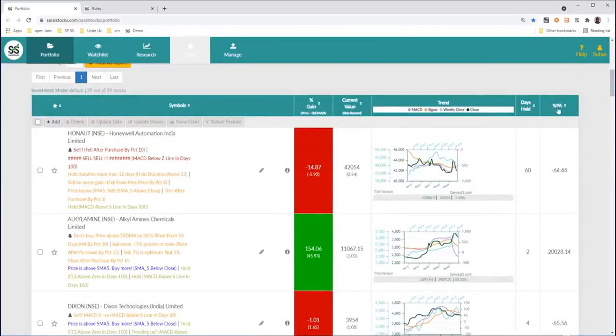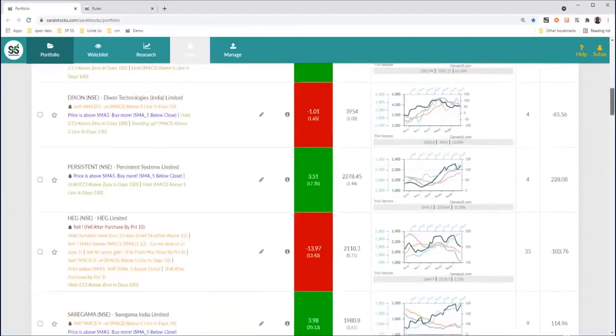Now let's look at the percentage annual growth, or CAGR. If the trend were to continue for an entire year, this is how your stock would look like. For example, this stock will lose about 64% of the money at the current rate, whereas in this case, you see a 2000% growth, or in other words, 20 times growth in a year.